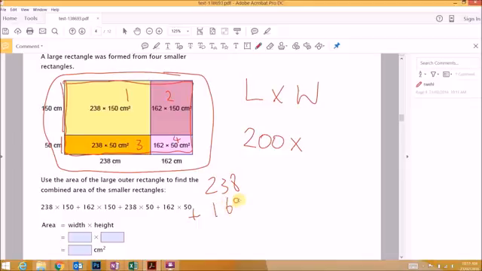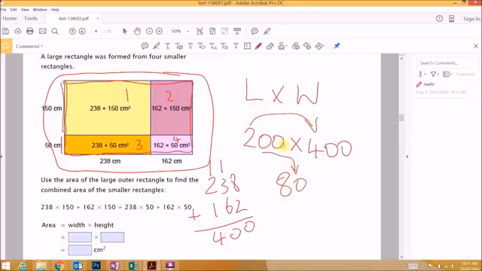Our width is 200 centimetres, and we multiply it by 238 plus 162, which is 400. So 2 times 4 is 8. Put in my zeros again. 80,000.